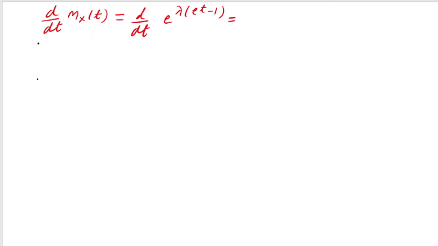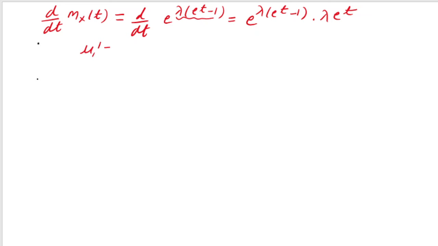Using the chain rule, I will write e to the power lambda (e to the power t minus 1), and then I have to differentiate this again with respect to t. So lambda is a constant and the derivative of e to the power t minus 1 will be e to the power t, right?